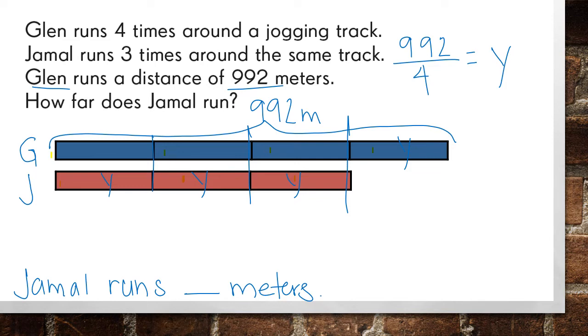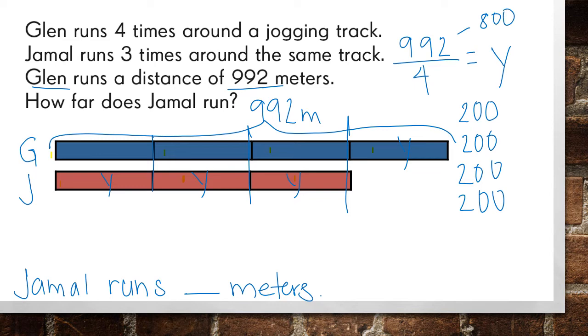For example, if I'm going to make 4 parts, I know that I could do 200 4 times. Oops, not 2,000. How much of that 992 meters have I used so far? You're right, I've used 800.